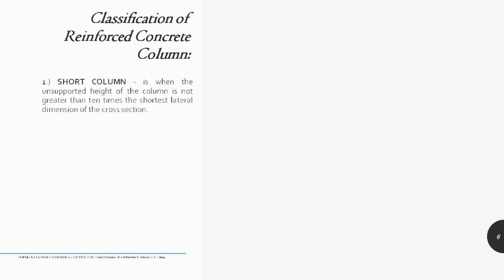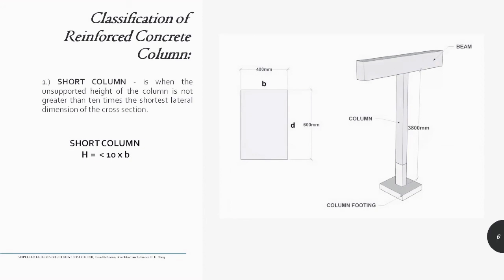A short column is when the unsupported height of a column is not greater than 10 times the shortest lateral dimension of a cross-section. In other words, height is not greater than 10 times b. For example, if we have a 3,800 millimeter height column, with a dimension of 400 millimeters by 600 millimeters, the shortest lateral dimension of this cross-section is 400 millimeters.